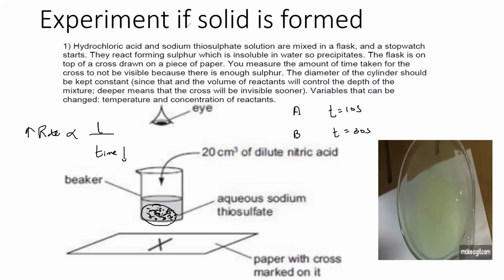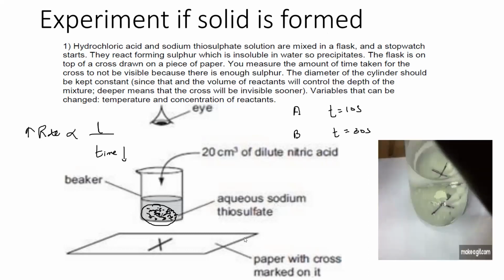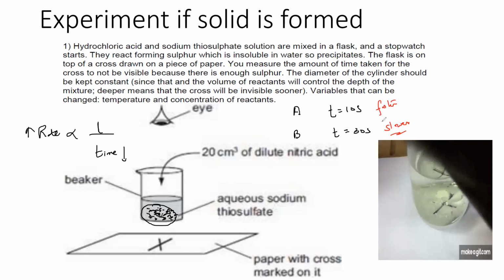In reaction A the cross disappeared in 10 seconds. Because the cross takes the shortest time to disappear, this reaction is faster and the other one is comparatively slower. So using this technique, we can identify the rate or the speed of the reaction.